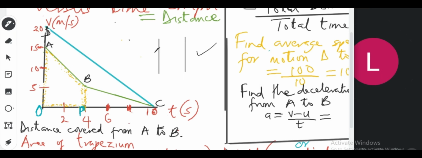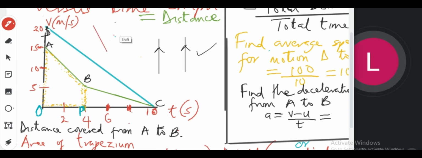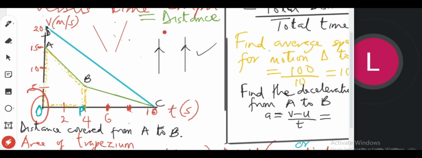But these 2 lines are not parallel, because they will eventually meet. In this trapezium, we can easily spot the 2 parallel lines. That's O to A is parallel to P to B.